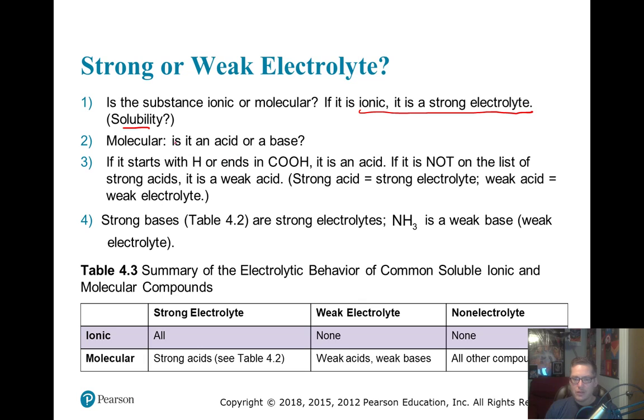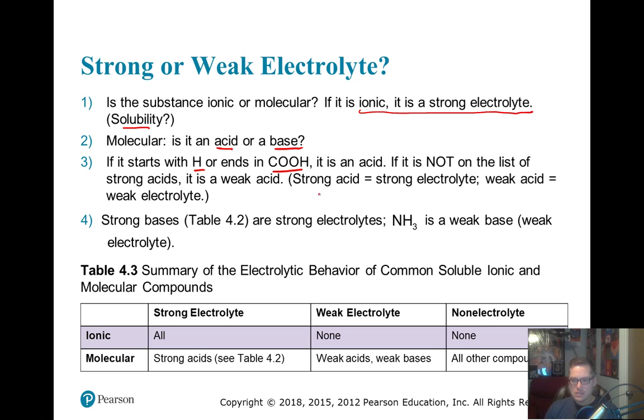Now, if you have a molecular compound, you have to ask yourself if it's an acid or a base. If it's not an acid or a base, you automatically know it's a non-electrolyte. So if you have a molecular compound and it's not an acid or a base, it is a non-electrolyte. Then you know it's an acid because it either starts with an H or ends in COOH. All right. And then if it's not on the list of our strong acids, you know it's a weak acid.